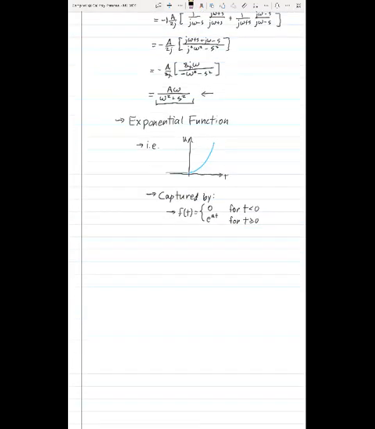So again, let's just start off with our general notation. So we have the Laplace transformation of f of t is equal to F of s, of course, and then for our particular case, we have the integral from 0 to infinity of e to the negative st times e to the at, all that times dt.